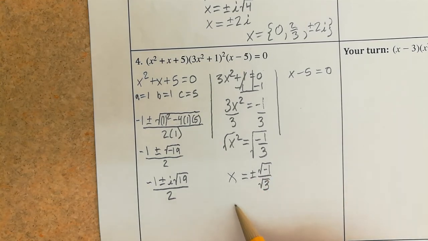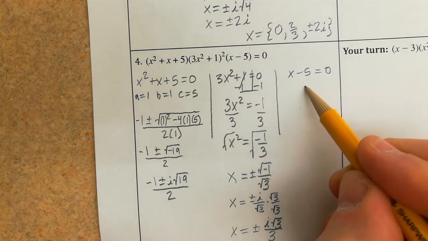So here, this is what I'll do first. I'll go ahead and just rewrite this as i. And then I've got to go times square root of 3 over the square root of 3. So I'm going to get x equals positive or negative. It doesn't really matter if the positive or negative is on top or out the front. I'm going to keep it out front. i root 3 over square root of 9, which is just 3. So there we go. There are two more roots.